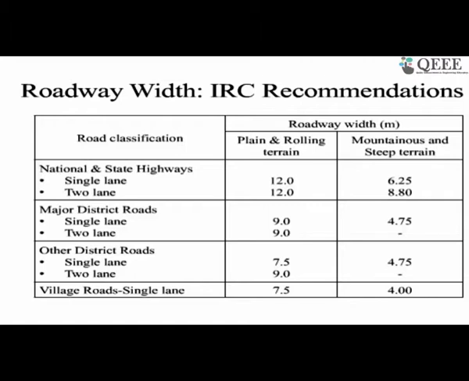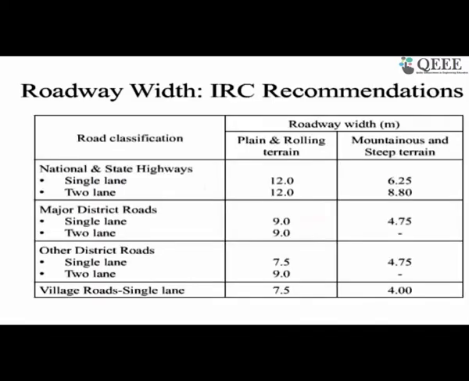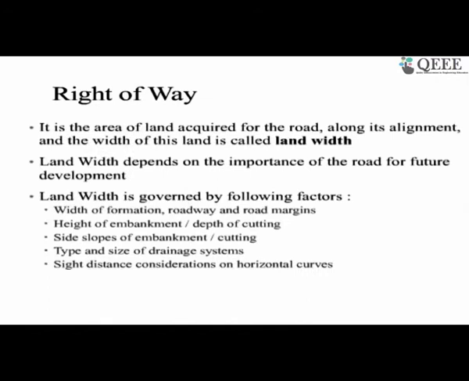So roadway width, if you go back to this particular thing, it includes your shoulder and the carriageway. So all this together is the roadway width which you are providing, the plain surface on top after embankment and everything. Now, apart from that, you need to provide the margin. So once you include the margin, then you are going to get the right of way.